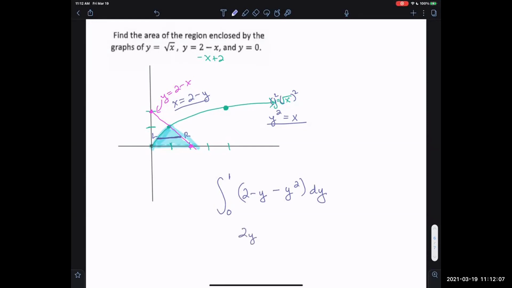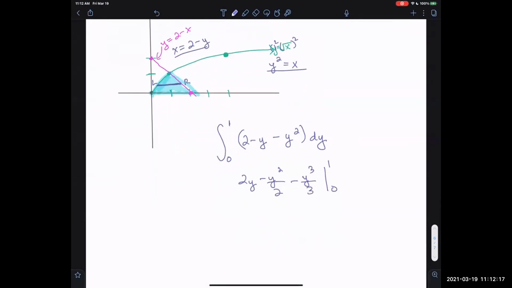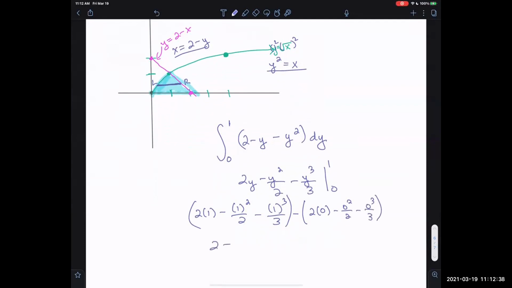So when I take my antiderivative and evaluate, I get 2 minus a half minus a third, and obviously this all zeroes out.